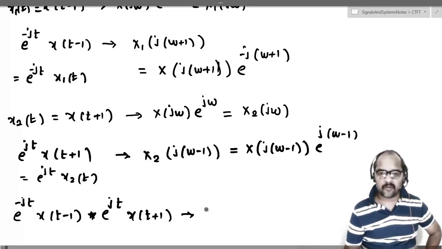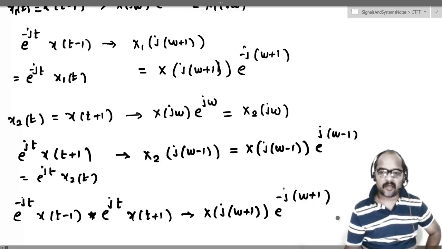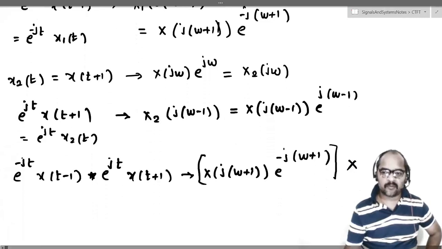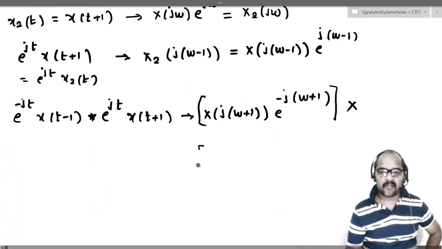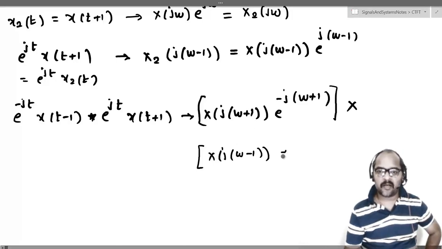For the first one we got x of j omega plus 1 e power minus j omega plus 1, and this whole thing is multiplied with the second one. Who is that? X of j omega minus 1 multiplied with e power plus j omega minus 1.